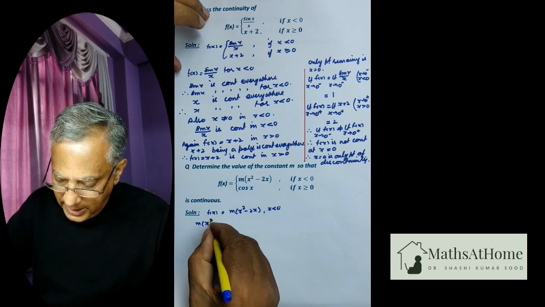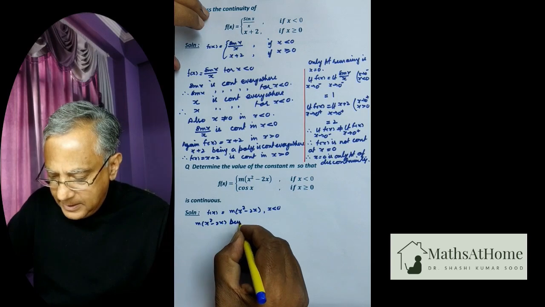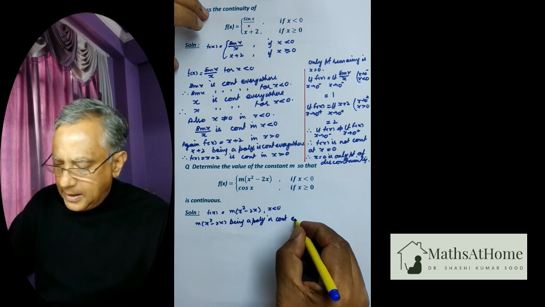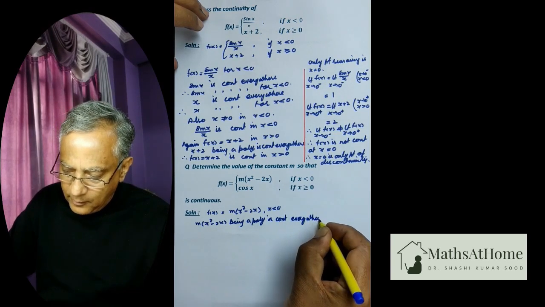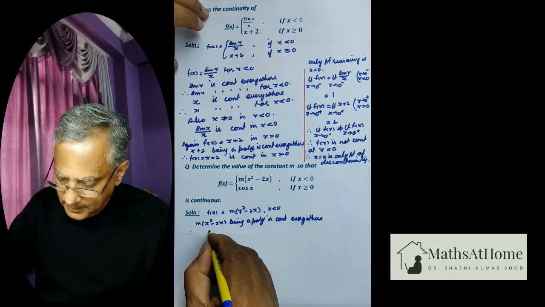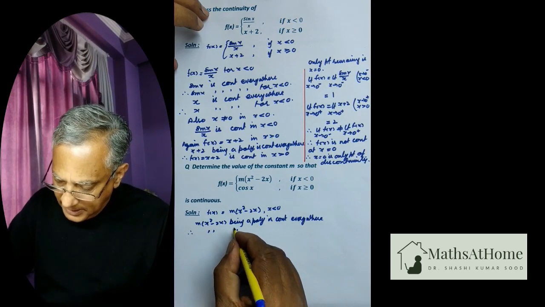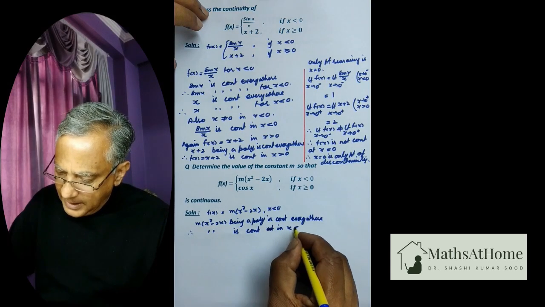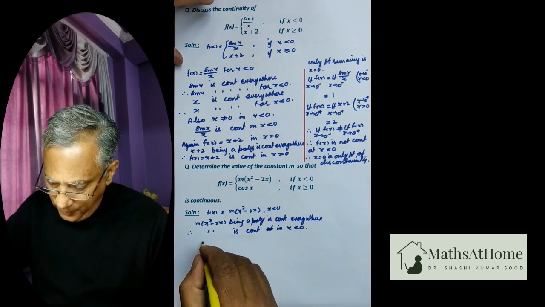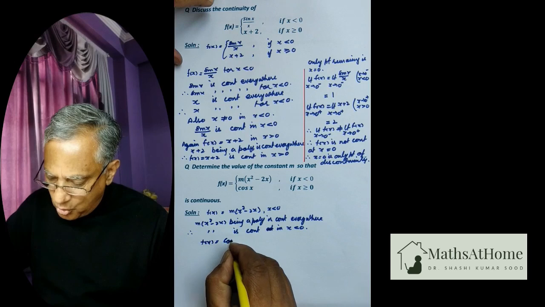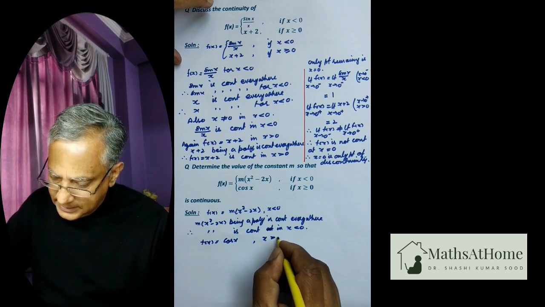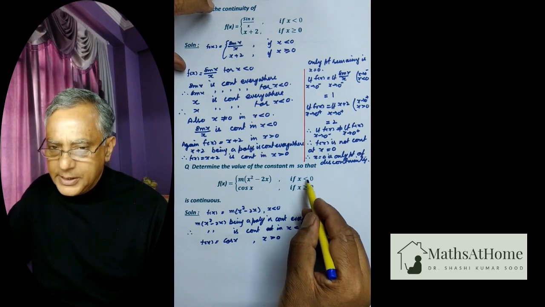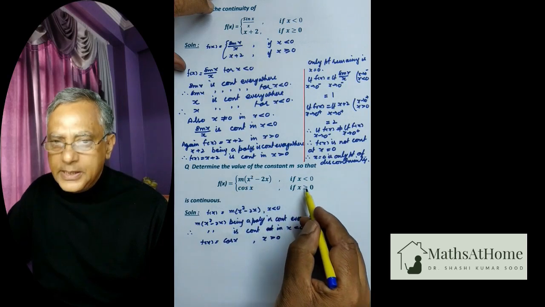Now m x square minus 2x being a polynomial is continuous everywhere, and therefore this function is continuous in x less than 0. Also, f(x) is equal to cos x for x greater than 0. For x less than 0, definition of function is this. For x greater than 0, definition is this.